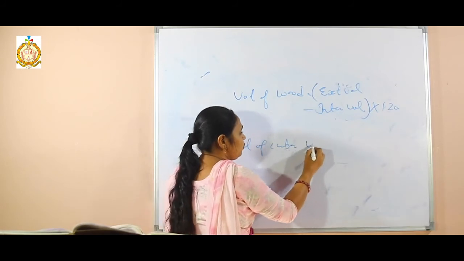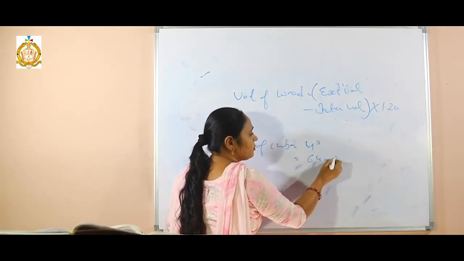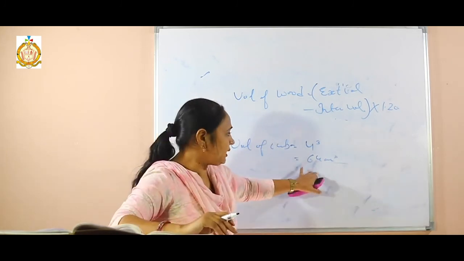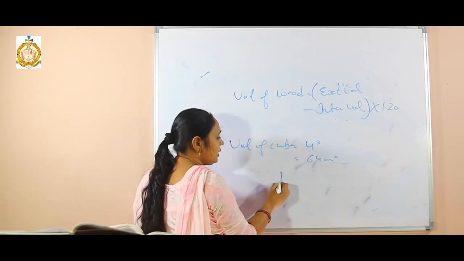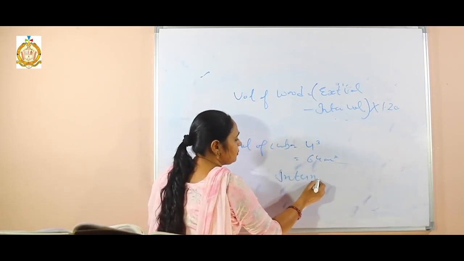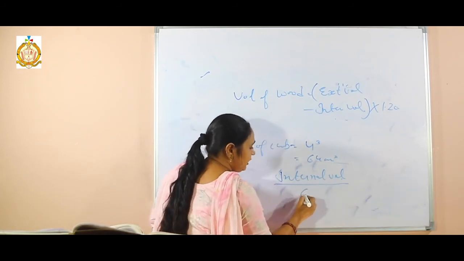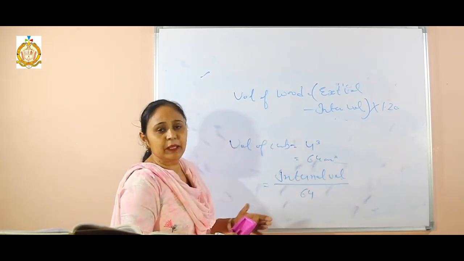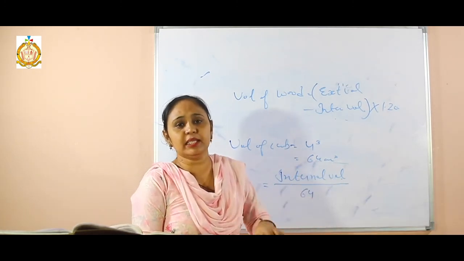That becomes 4 cube, 64. I know one cube occupies this much place. And how much place is there? That is the internal volume. That means internal volume will be divided by 64. It becomes the number of cubes that we can place in that box.